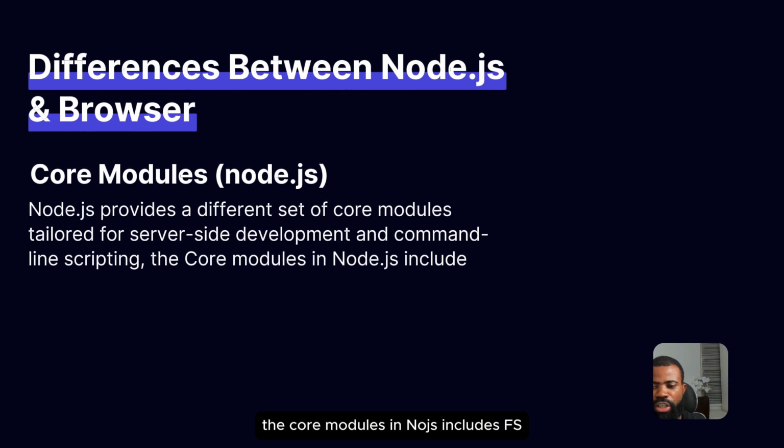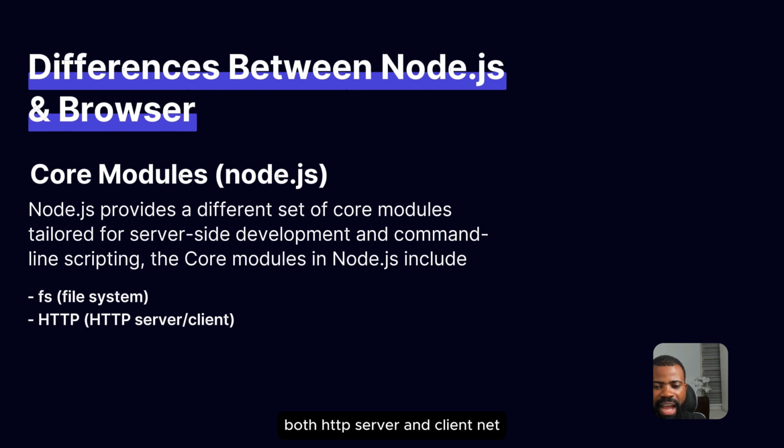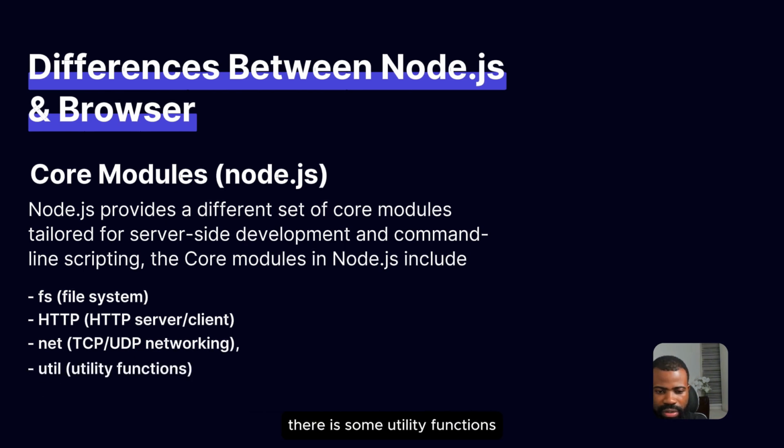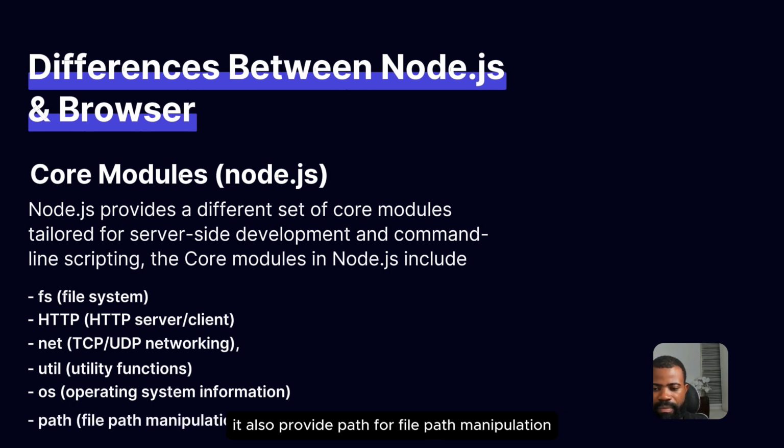The core modules in Node.js include fs, that's for file system, http, both HTTP server and client, net, both TCP and UDP networking, and util, that is some utility functions. It also provides os for operating system information. It also provides path for file path manipulation.